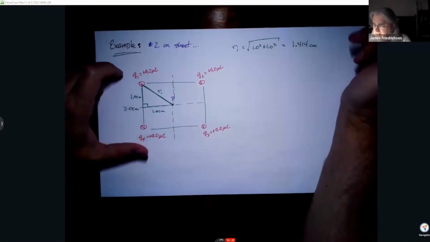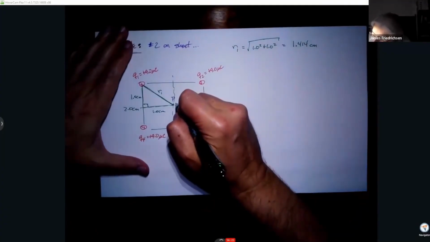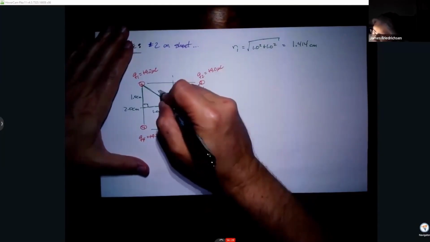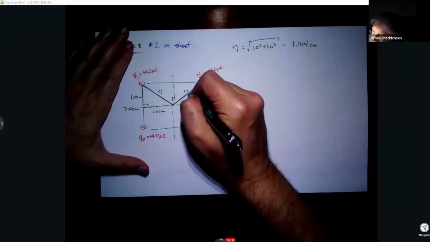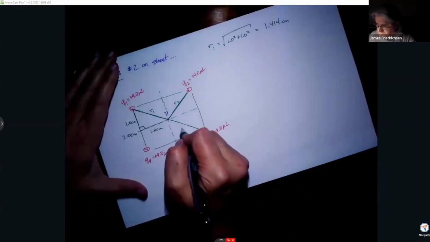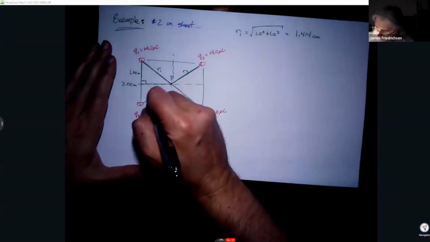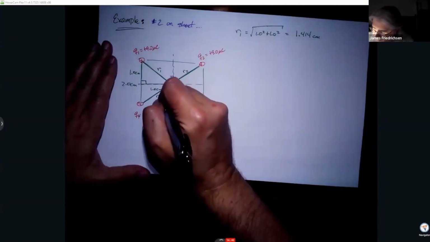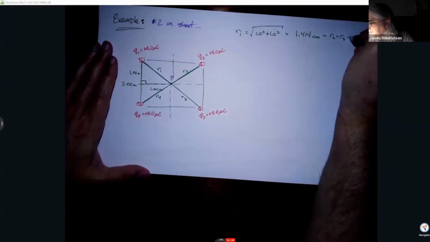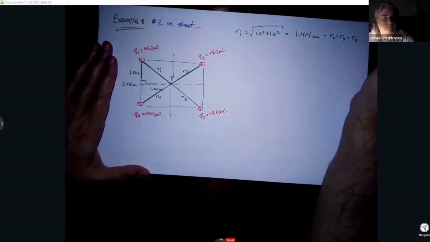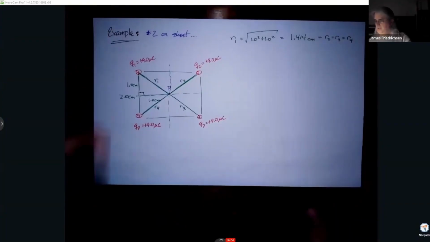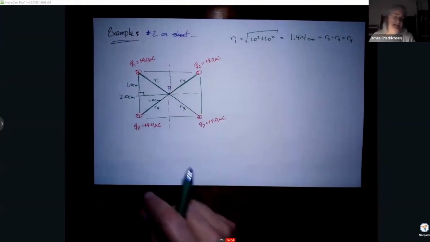But now the thing that we need to see is that it's a square. So the distance from charge 2 to that same point, the distance from charge 3 to that point, and the distance from charge 4 to that point, these are all the same. So they're all the same distance and they're all the same charge.